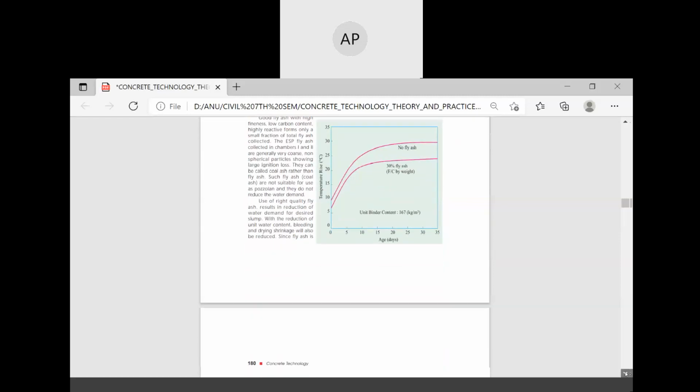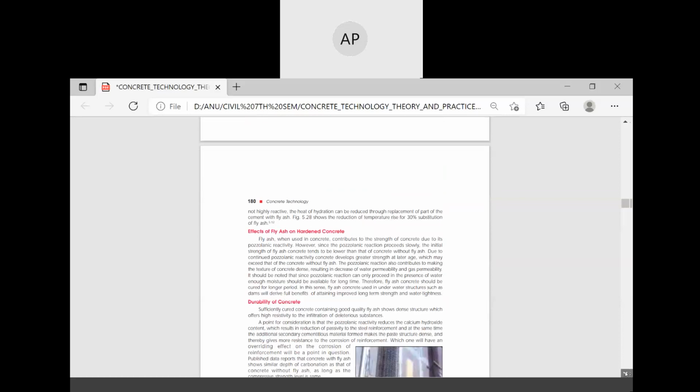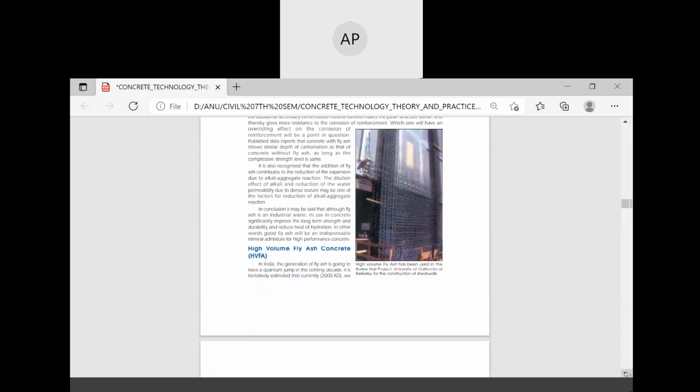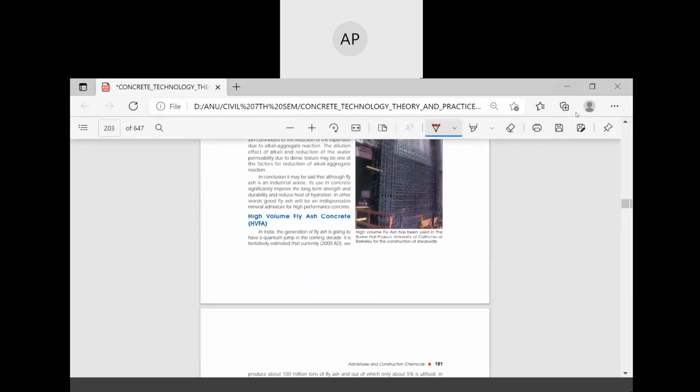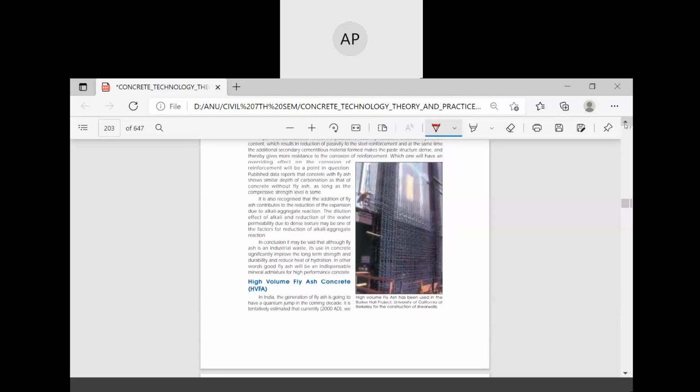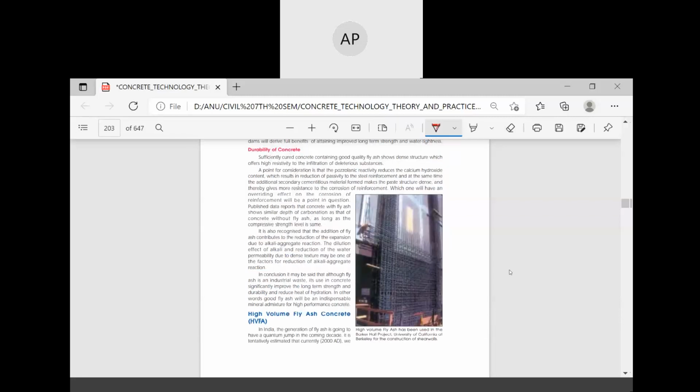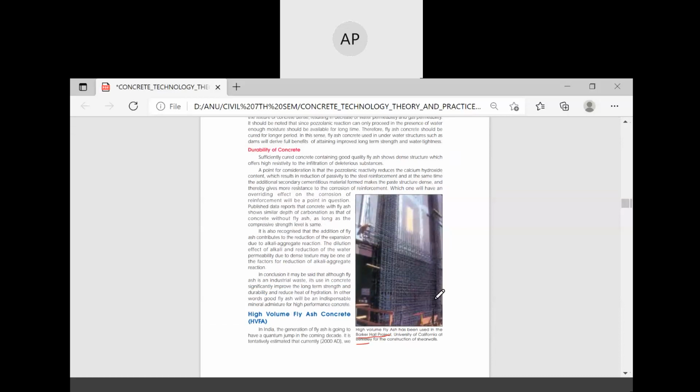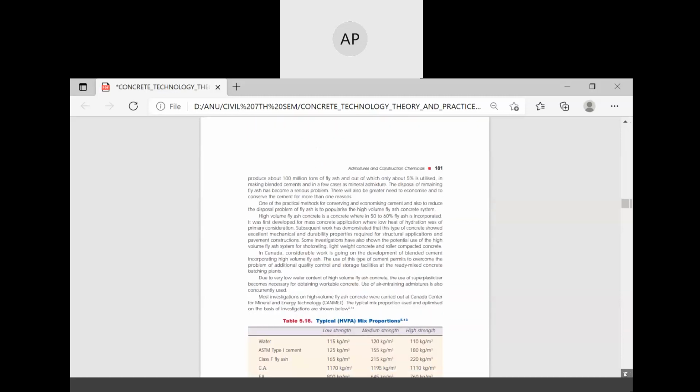Effect of fly ash on fresh concrete. So here another example is given. High volume of fly ash has been used in the Barker Hall project, University of California at Berkeley, in the construction of shear walls. Here a high volume of fly ash is used in that construction.